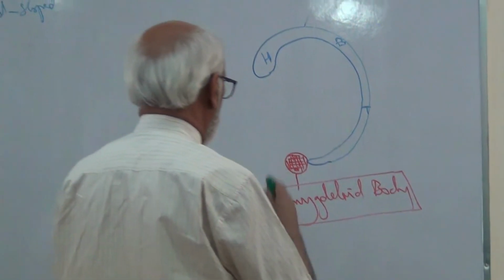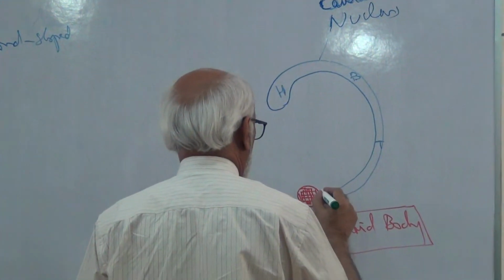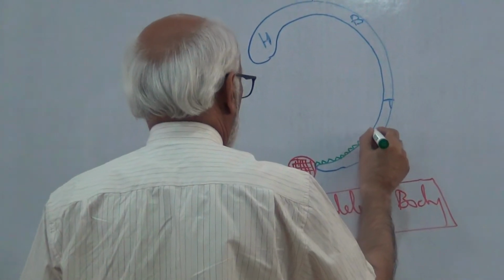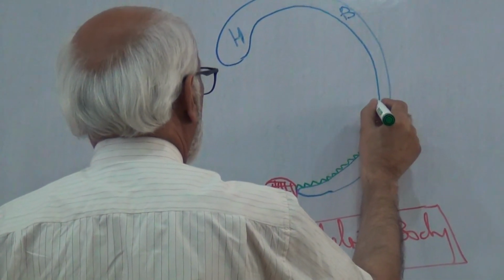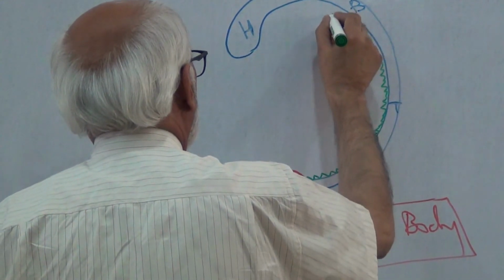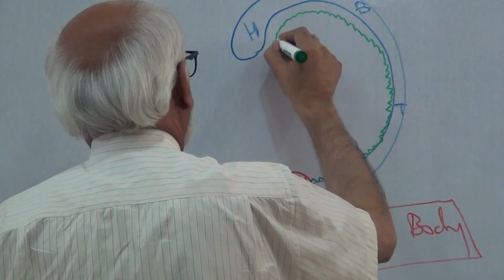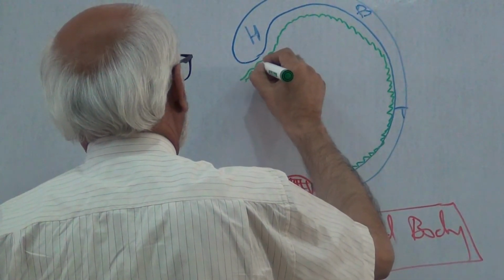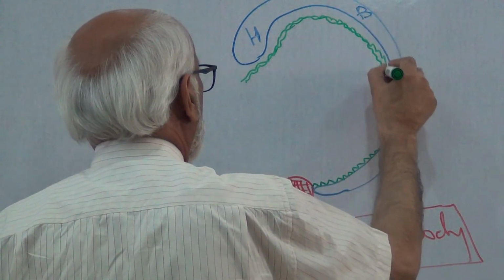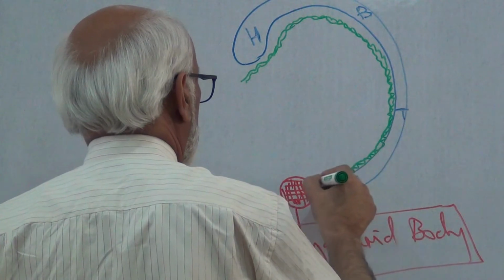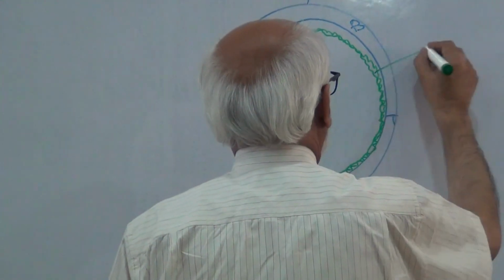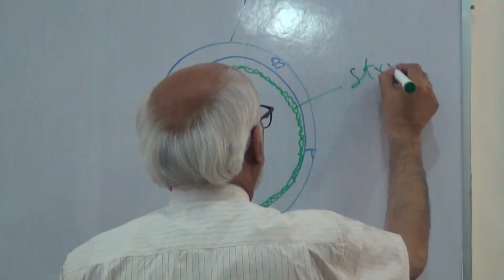From the amygdaloid body, a number of nerve fibers arise which run along the tail, then close to the body and head of the caudate nucleus. These fibers arising from the amygdaloid body are known as the stria terminalis.